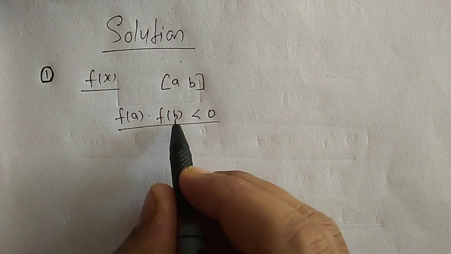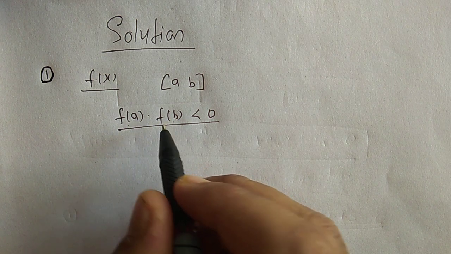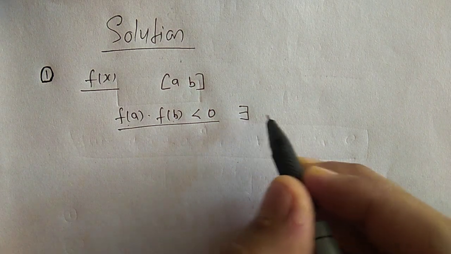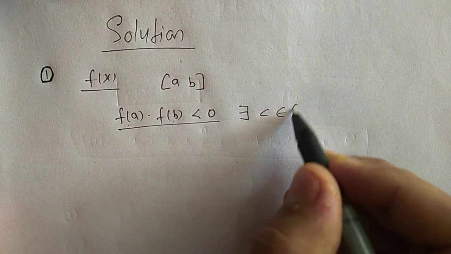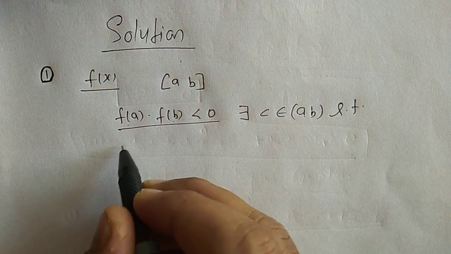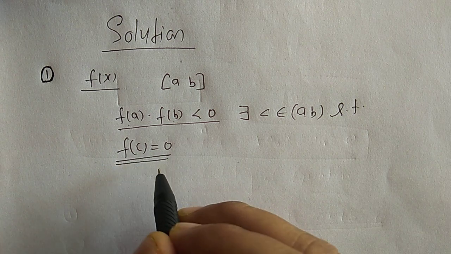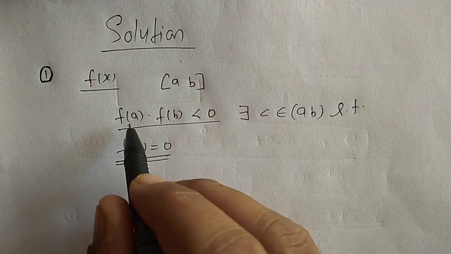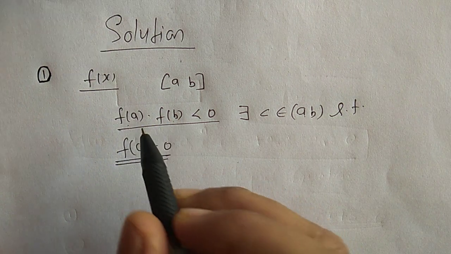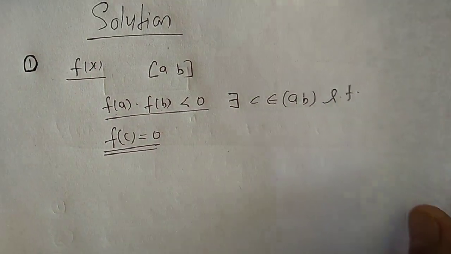It means both have opposite sign. Whenever f of a and f of b have opposite sign, then there exists one point c between a and b such that f of c equal to 0. It means it has a root.